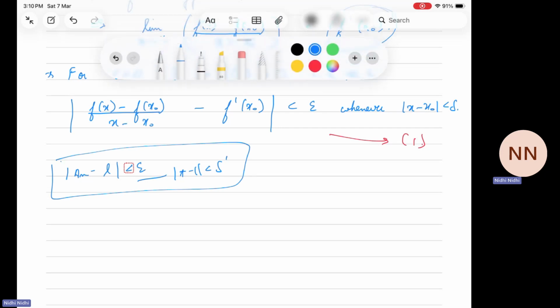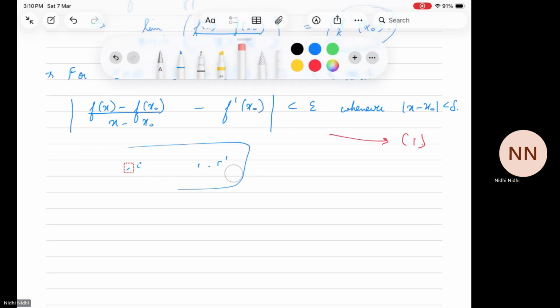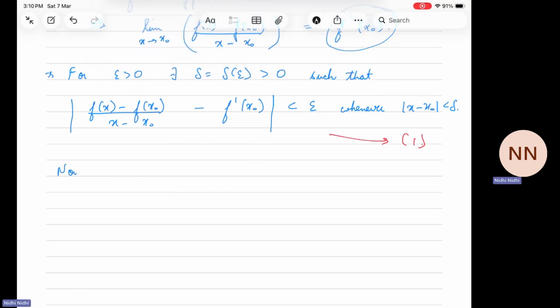So for that, let t belonging to R be such that this modulus of t minus 1 is strictly less than delta by mod x naught. We'll see how this will be useful for us.